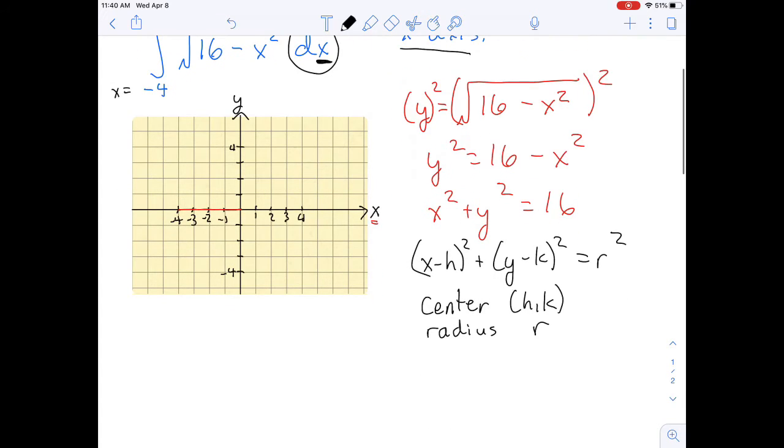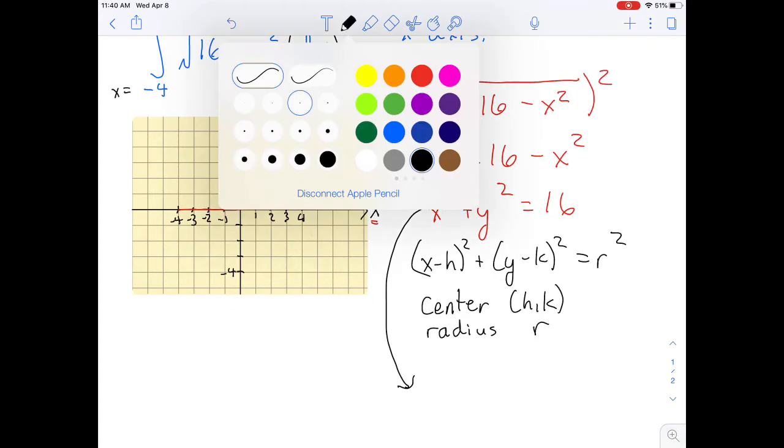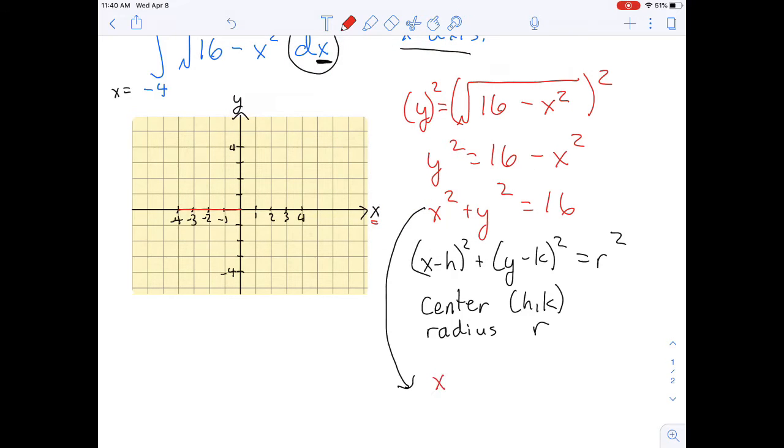So going back here, this is (x minus 0) squared plus (y minus 0) squared equals 4 squared. So I have a circle with center (0, 0) and radius equal to 4.